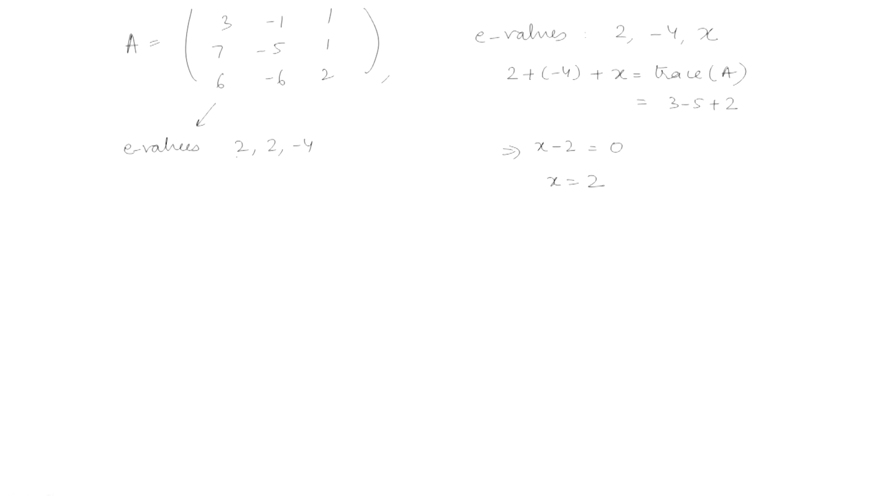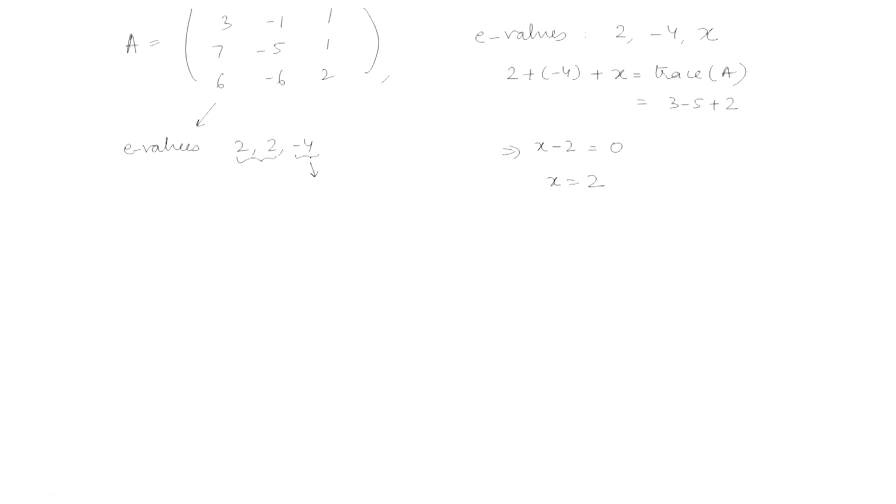What is the algebraic multiplicity of 2? It is 2, and the algebraic multiplicity of minus 4 is 1. Corresponding to lambda equal to minus 4, geometric multiplicity will be 1 only, because geometric multiplicity is always less than or equal to algebraic multiplicity.